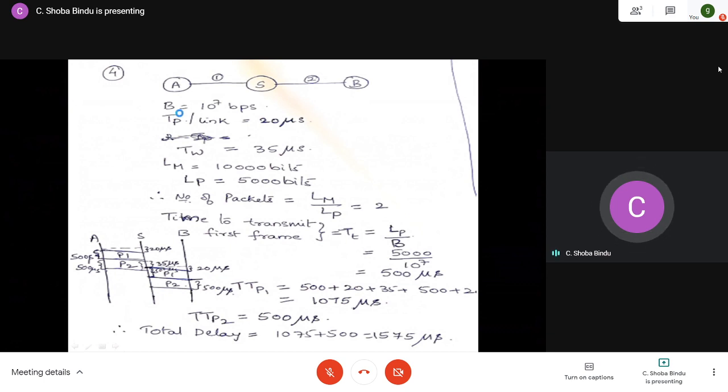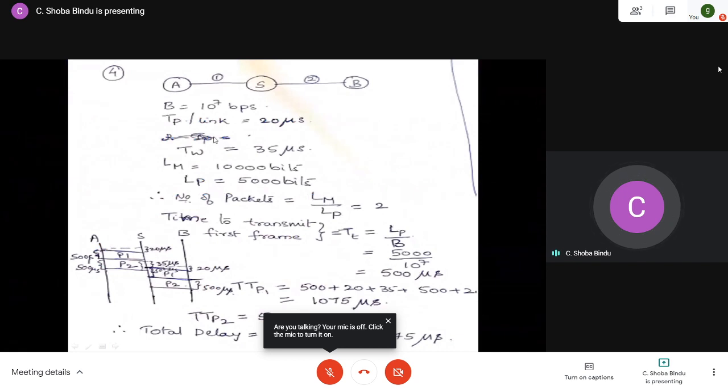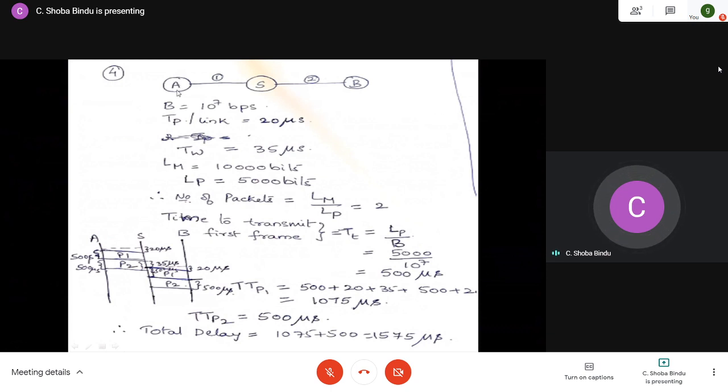So here what is given? The bandwidth is given to be 10 to the power of 7, and the propagation delay is given as 20 microseconds for each link. That is, the first bit, when it starts from A, takes 20 microseconds to reach this S. This is one link to reach S. So that is the propagation delay per link, given as 20 microseconds.